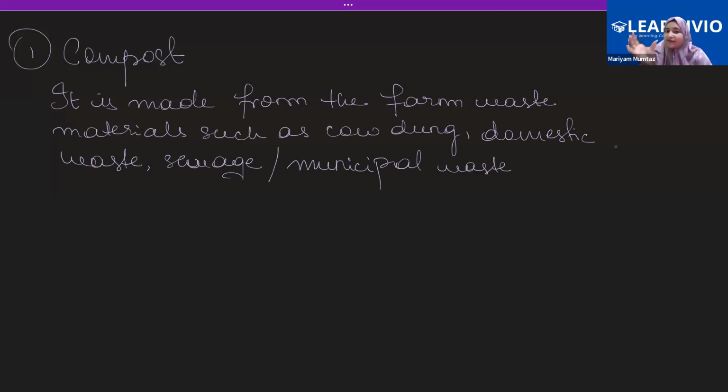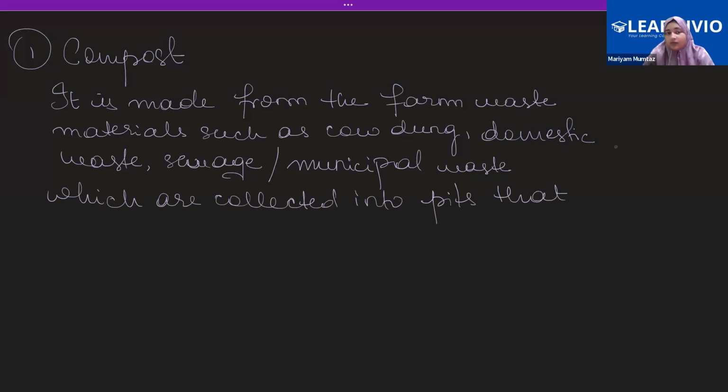And so it is made from these farm wastes, which are collected into pits that are dug in the ground. Dug means the digging has been done, the past tense. So dug in the ground.